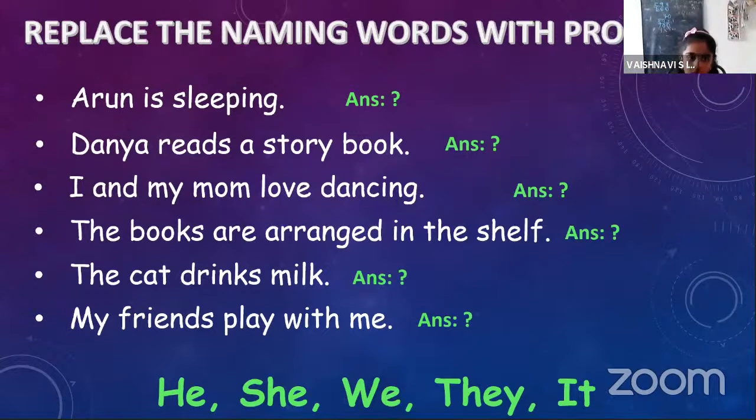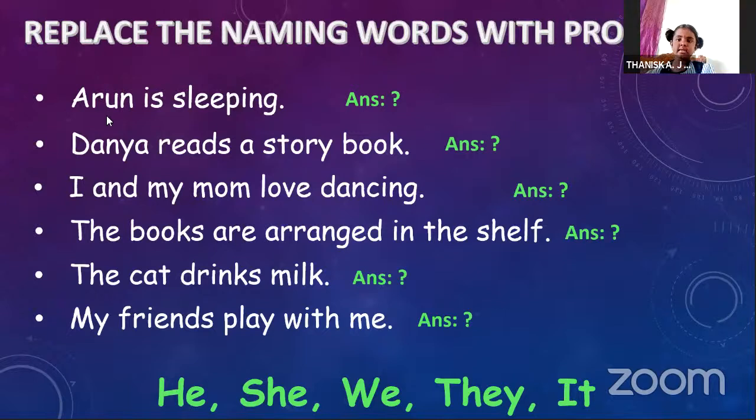Vaishnavi, read the first question, baby. Arun is sleeping. So what is the pronoun to be used there, Vaishnavi? He. Very good, Vaishnavi. Tanishka, can you read the next one?